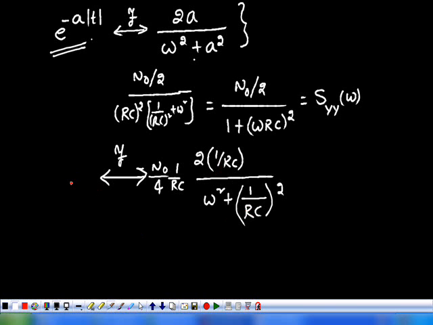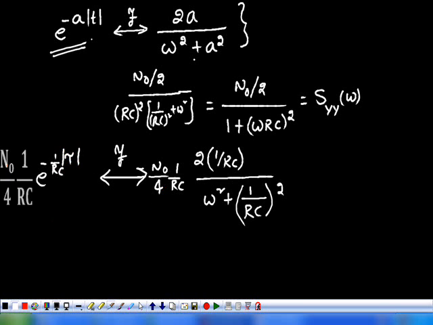So what is the inverse transformation? See, if we have this, we have e power minus a mod tau, where a is 1 by RC. So e power minus 1 by RC mod tau. We bring this term this side.